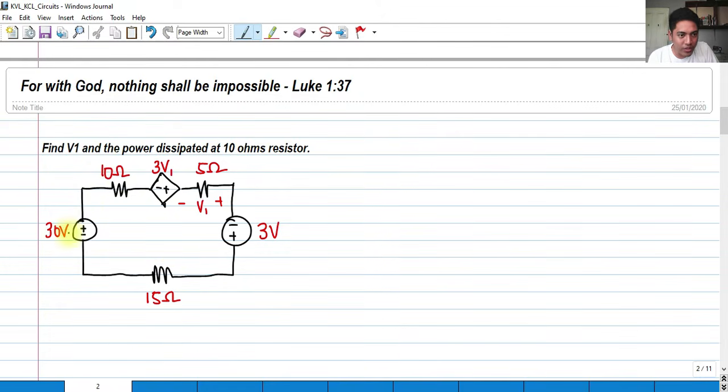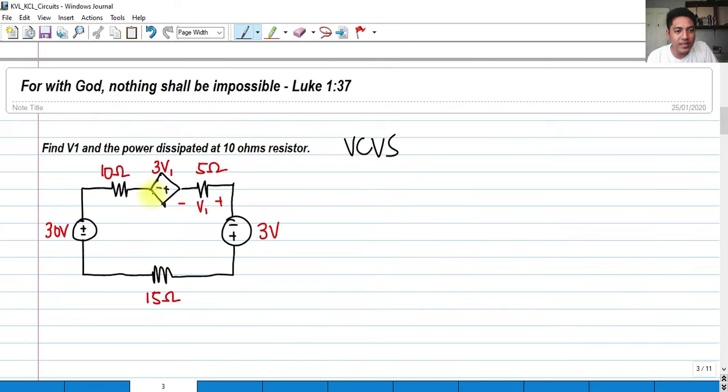So we have a voltage source, 30 volts. We have a resistor, 10 ohms. And we have what we call, in a diamond shape, a voltage-controlled voltage source, VCVS. This is a voltage source, but its voltage is actually controlled by the voltage drop here.